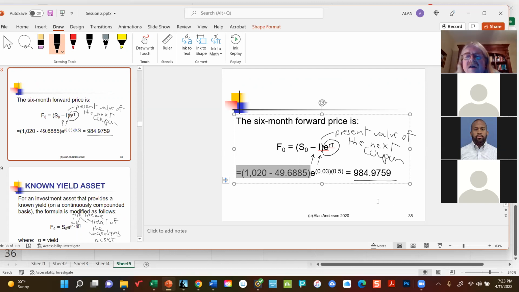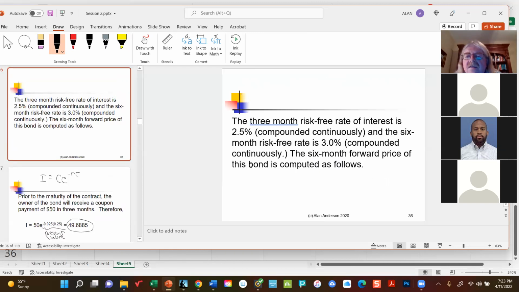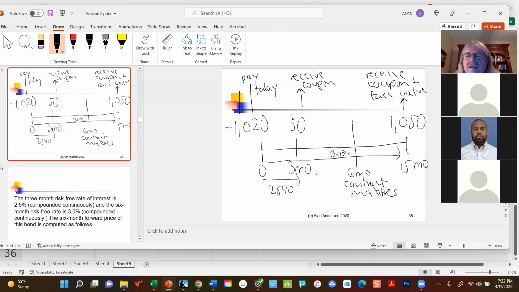So in other words, if I want to take delivery of this bond in 6 months, I would have to agree to pay $984.9759 for it. Okay, so the 6 month contract matures, that's when the bond is delivered. What is it worth at that time?